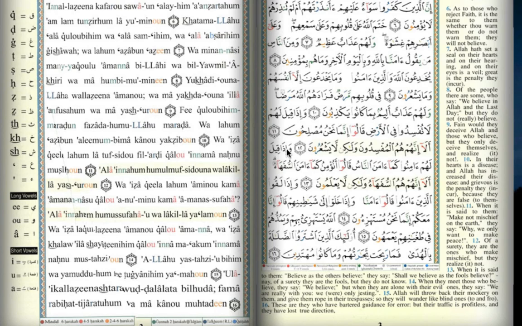So now we'll look at this page and we'll find them all. This is an izhar right here. If you're reading off the Tajweed Quran, the way you'll know it's an izhar is it's going to be in black. It's a Noon Sakinah, and it's in black, so it's obvious.